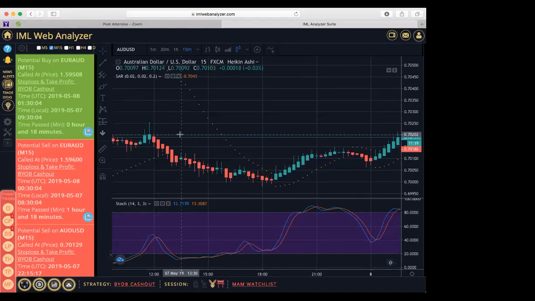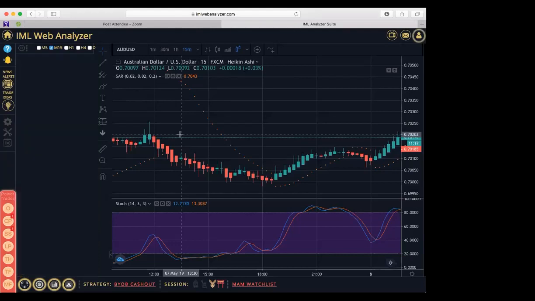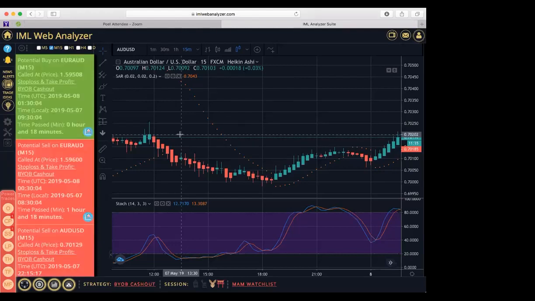But here's the wonderful luxury about having this information in front of you. Depending upon what session you're focused on, as you can see, we're getting multiple calls on different currency pairs. And as we progress through the different sessions, you'll begin to see the amount of calls being made.